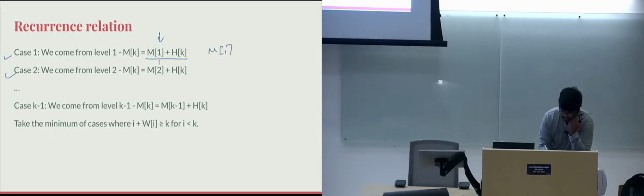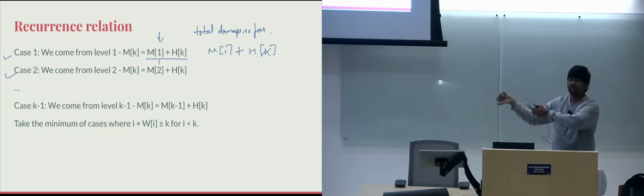So this is total damage so far, right? This is the damage that you took to reach level 1, and you are making a jump to the kth level. Once you reach that kth level, you have to defeat the kth monster. So it will be plus h of k, because you are reaching that particular k, right?